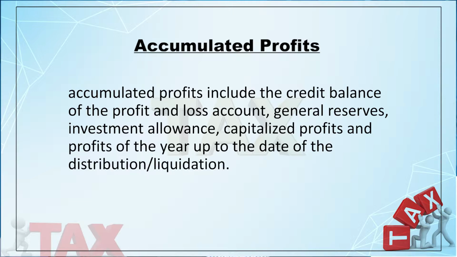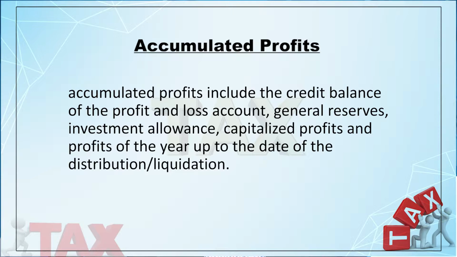The definition of accumulated profit is very clear, because whenever you speak of deemed dividend as per Section 2 subsection 22, you have to mention the accumulated profit, because up to the extent of accumulated profit, the distribution under Section 2 subsection 22A to 22D will be treated as deemed dividend. If it is over and above the accumulated profit, the excess amount cannot be treated as deemed dividend. So, you have to know the concept of accumulated profit.